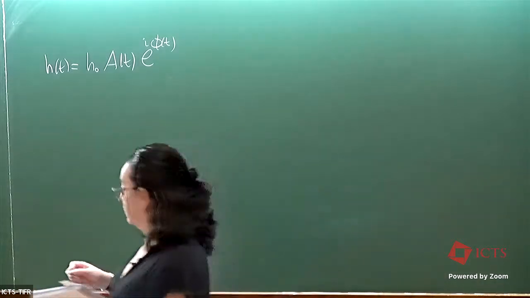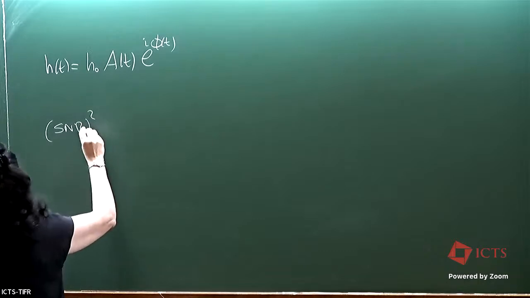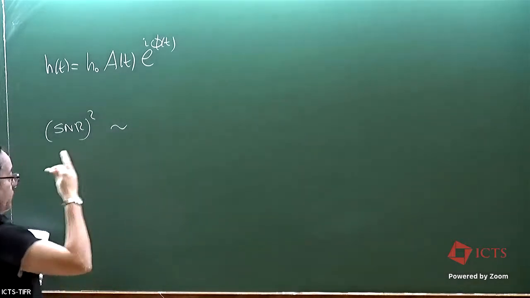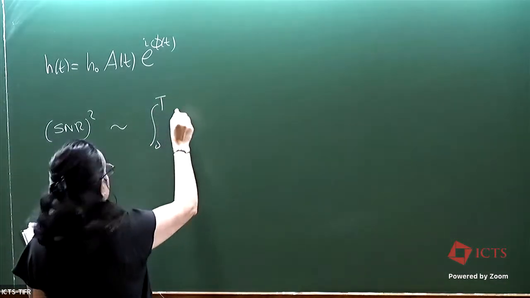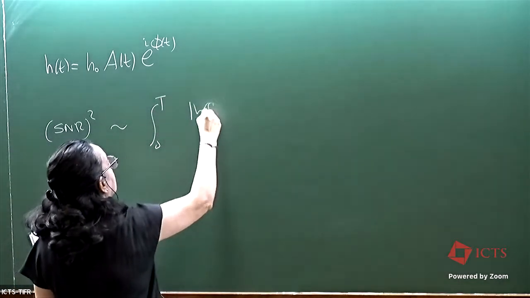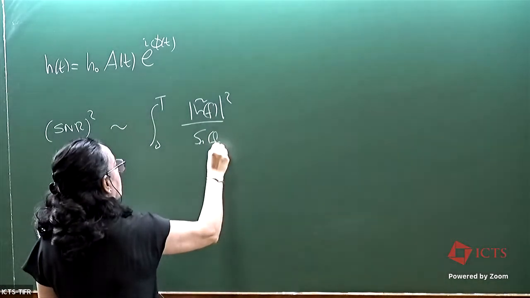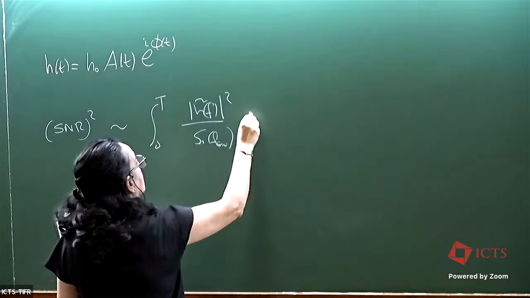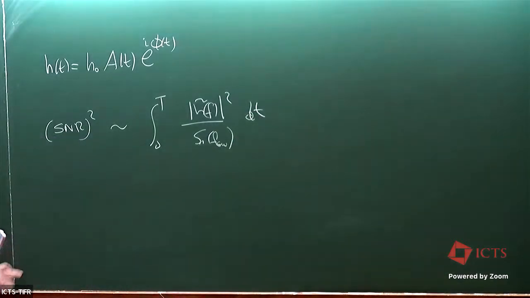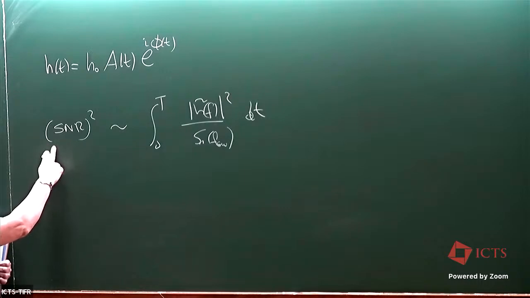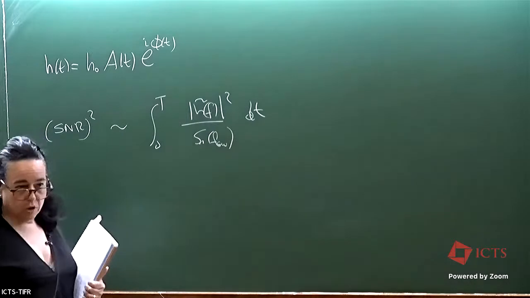Also, in these cases, the signal to noise ratio squared we can approximate to this integral. So you see that the signal to noise ratio squared is going to grow with the total observation time.